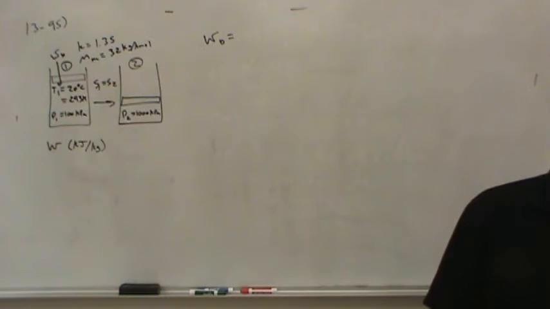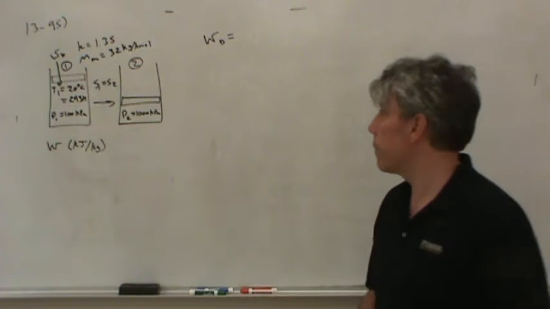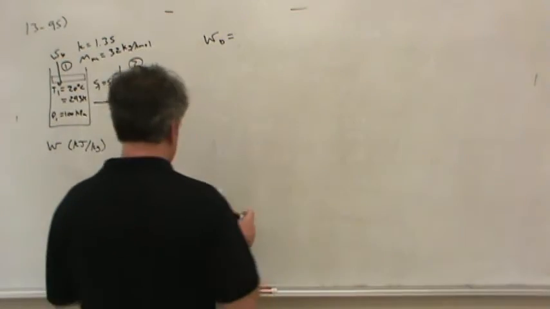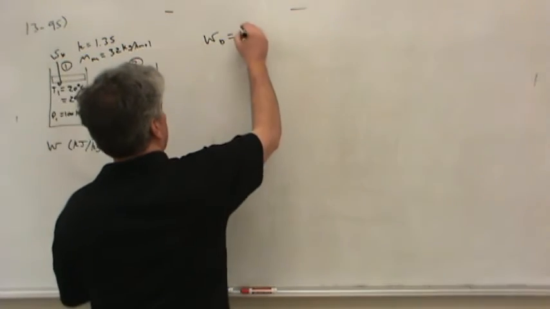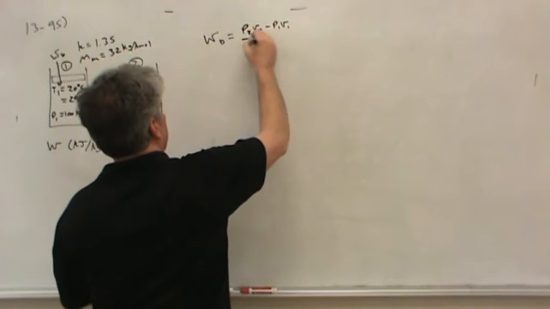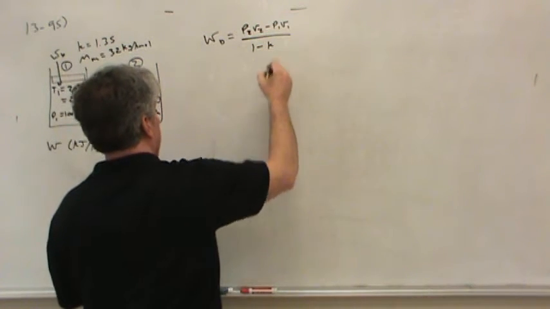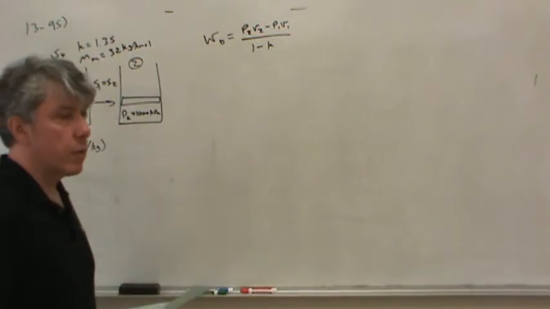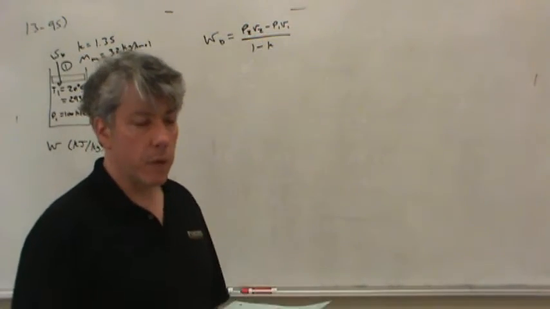If you look, I had you write in maybe one extra equation, and that is the one for isentropic processes. In that case, it looks a lot like a polytropic equation, except that it's 1 minus k rather than 1 minus n, where k is the specific heat ratio.